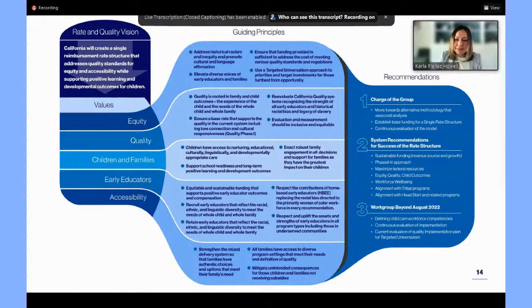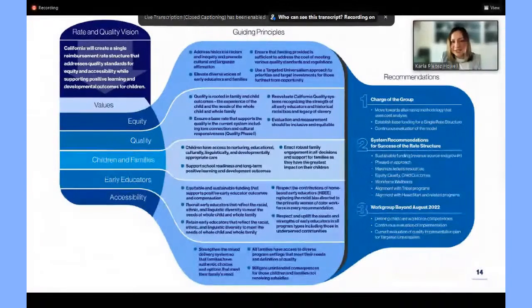And then number 3, this will be additional conversations as there are one-on-one discussions with the work group members. These are recommendations beyond August 2022. So as a reminder, this work group decided back in February that the workforce competencies should be discussed later, after the base and the cost model have been defined, and making sure that that is a continued conversation.